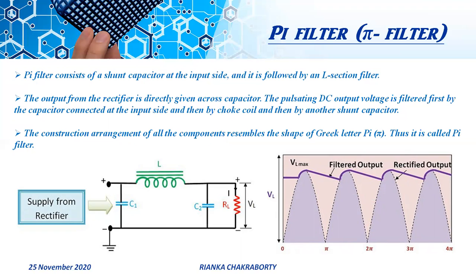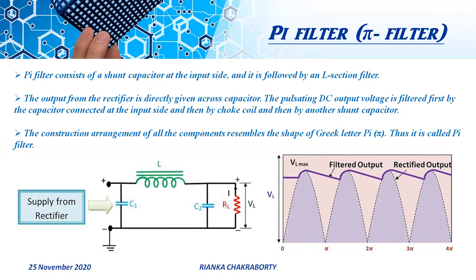The output voltage of the rectifier is fed to the input terminals of the pi filter circuit. The capacitor C1 provides a low reactance to the AC components as it passes a certain amount of AC component to the ground. The capacitor C1 provides very high resistance to the DC component. The DC components pass and flow through the inductor.